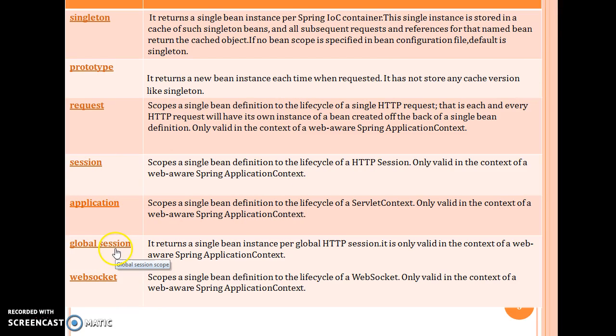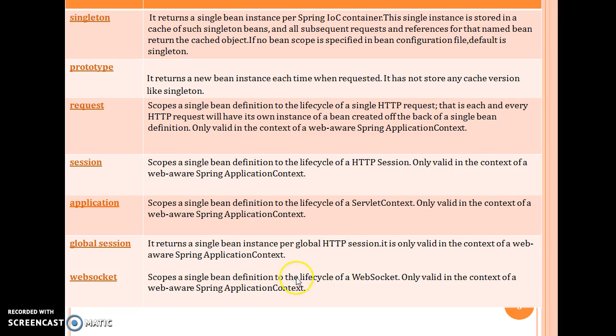Now the next scope we have is global session. It returns a single bean instance per global HTTP session. It is only valid in the context of a web-aware Spring application context. So basically, if you design a portlet web-based application, then you may have a scope like session, which is very similar to the session scope in the J2EE environment. Finally, you have the WebSocket scope.